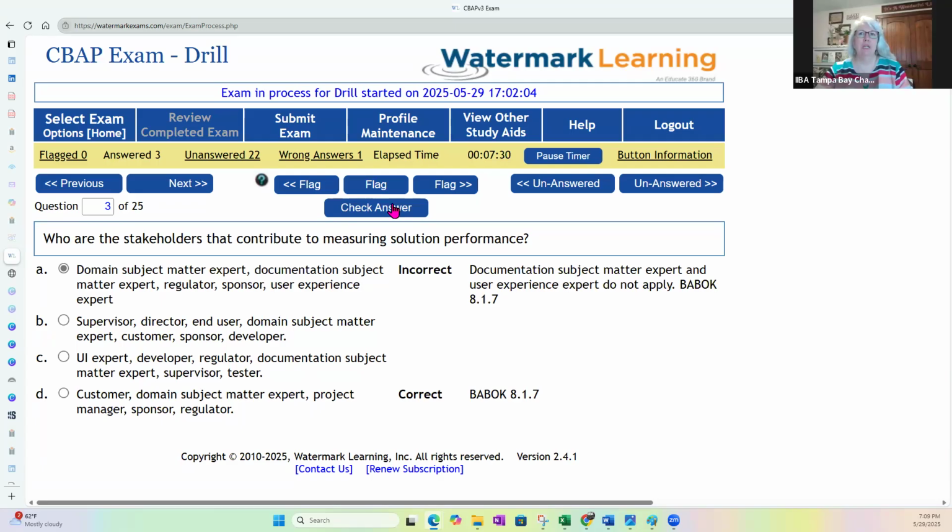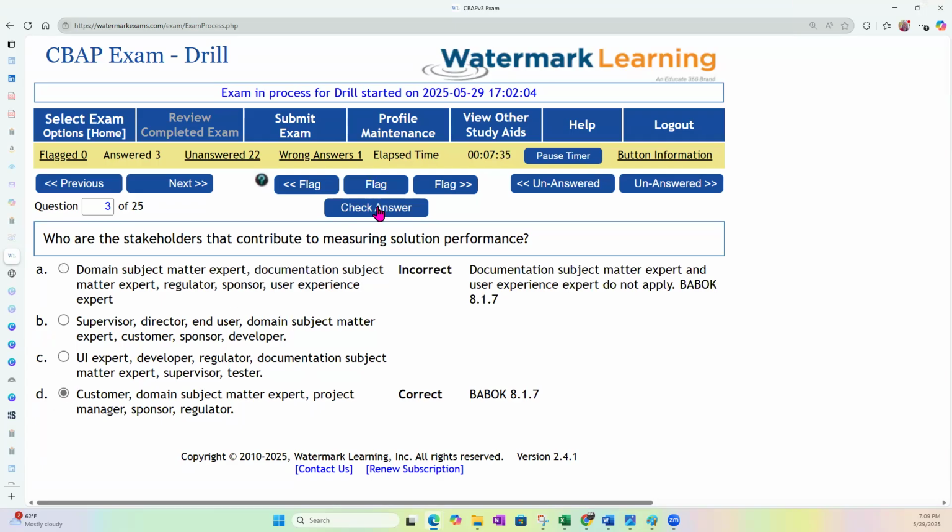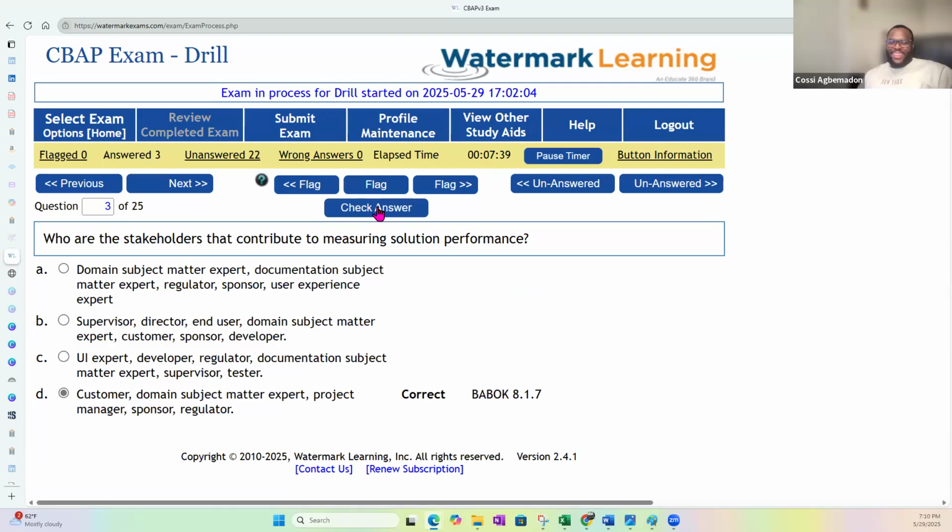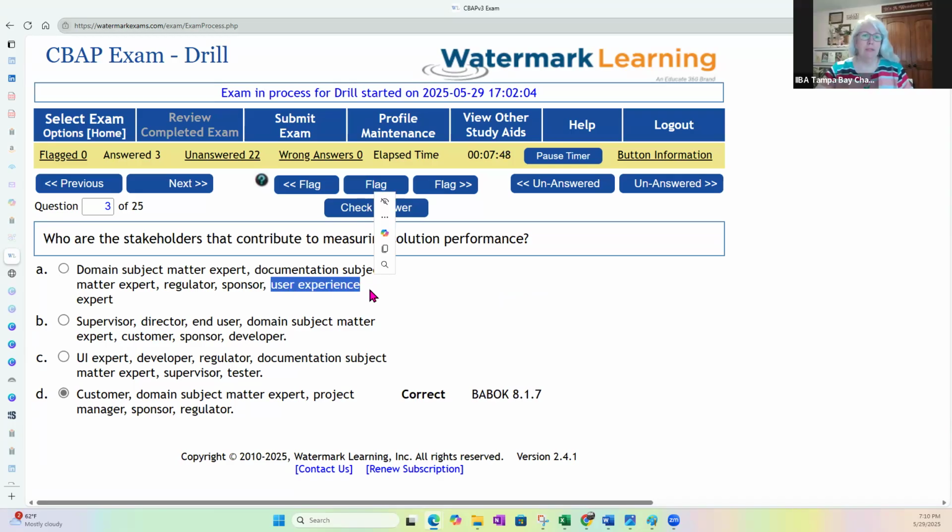Documentation subject matter expert and user experience expert do not apply. I'm curious, is that even a thing in real life? I know that there are user experience people, that is their role, but that's not what the BABOK UX is.